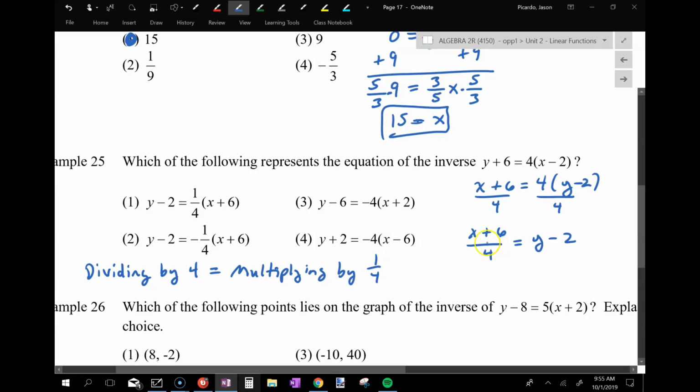So in this case right here, guys, I can change this dividing by 4 to this. And now I have a choice that says that, right? It's choice number 1. Is that good?